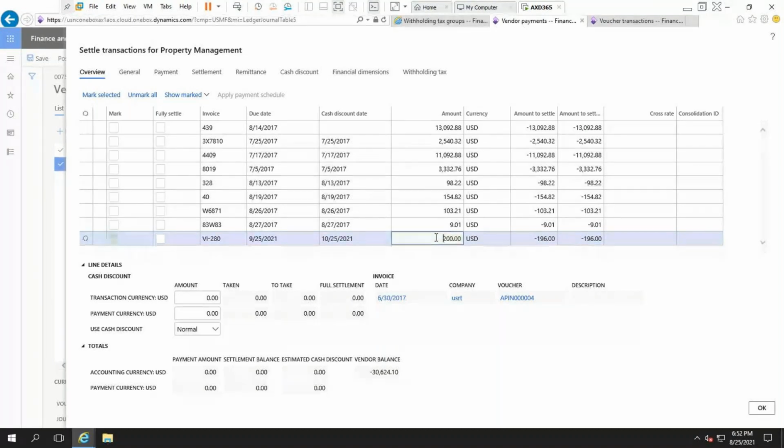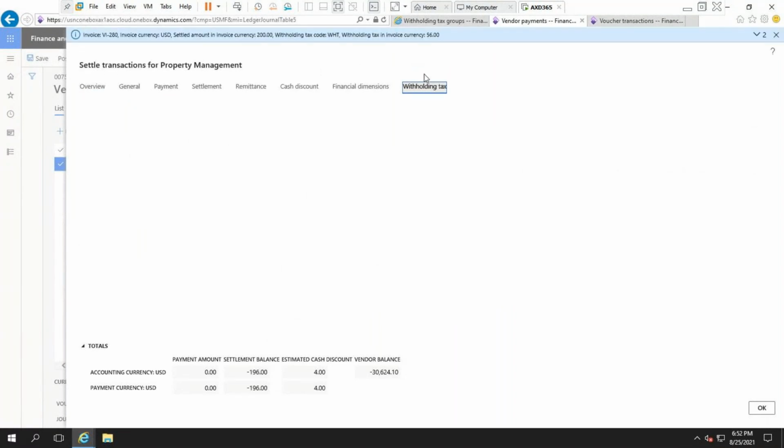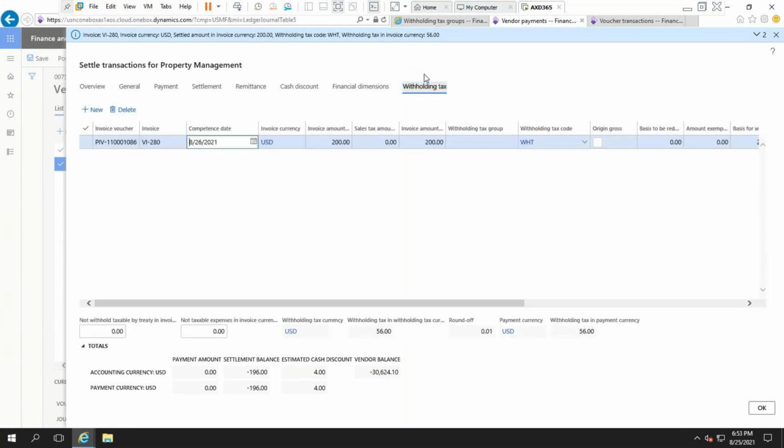Now, if you go to withholding tax, look at this one, the withholding tax code.